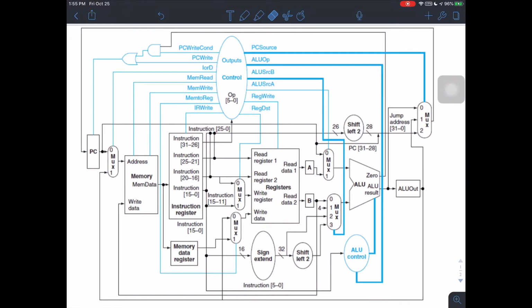Then it's the same for the second cycle. Register RS and RT's values are sent to register A and B respectively.